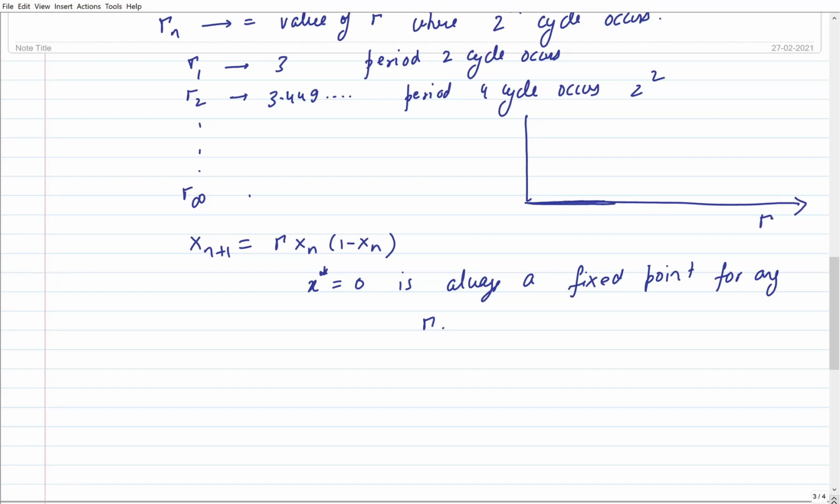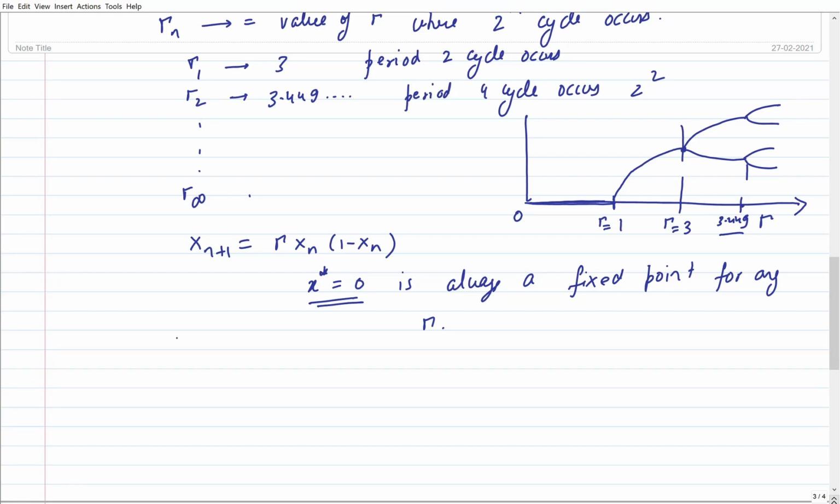This is the fixed point 0, and at r equals 1, I have another fixed point, and then period doubling occurs, and again period doubling occurs, so on and so forth. This is r equals 3, and this was r equals 3.449. So this is always going to be a fixed point for any r.